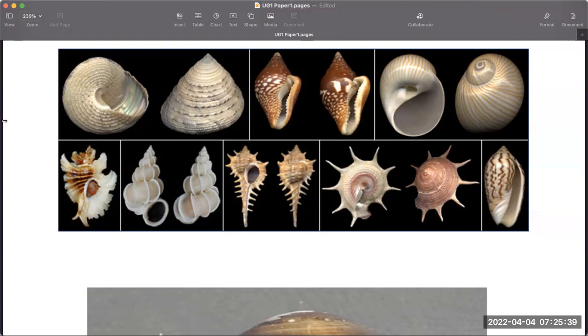Head is distinct, bearing tentacles. Head is also present with eyes and mouth. Their foot is ventral, broad, flat, and muscular, which forms the creeping sole, and often bears dorsally a hard piece called operculum on its posterior end.